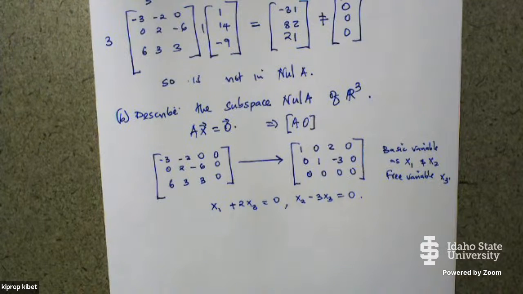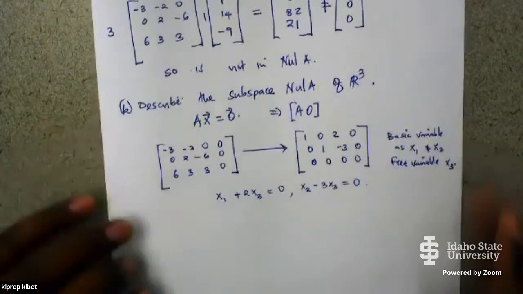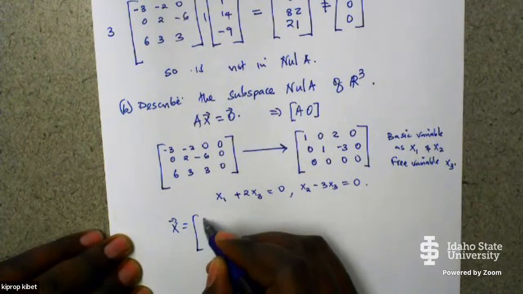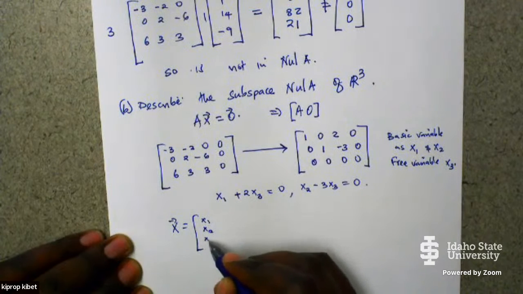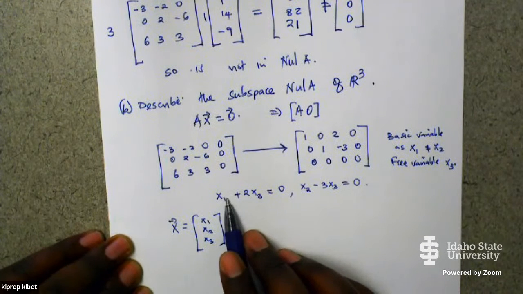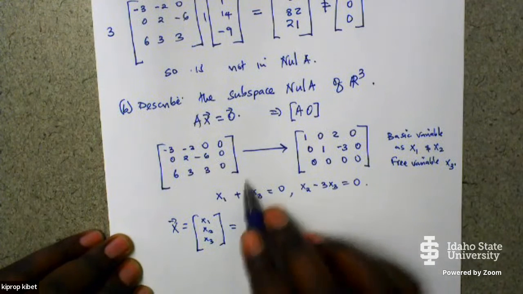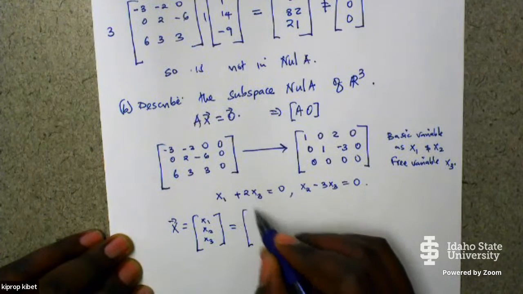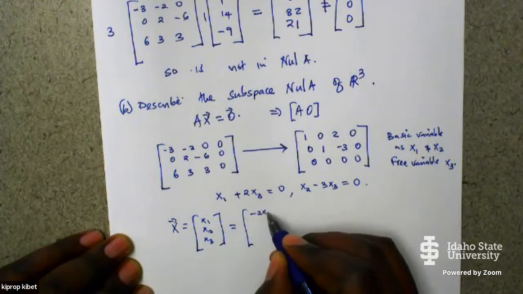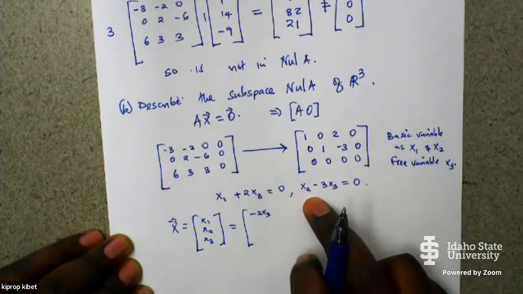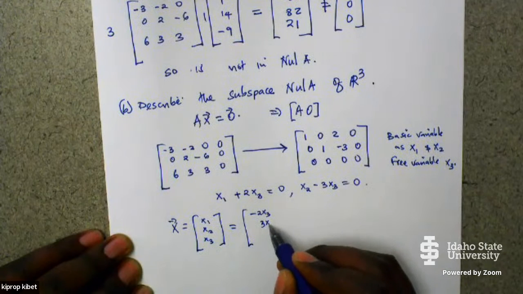Then our solution set, x, equals x1, x2, x3. Making x1 the subject, you take the x3 term to the other side, so you get -2x3. Taking this x3 to the other side to get x2, you get 3x3.